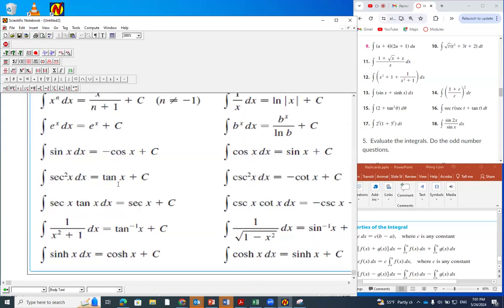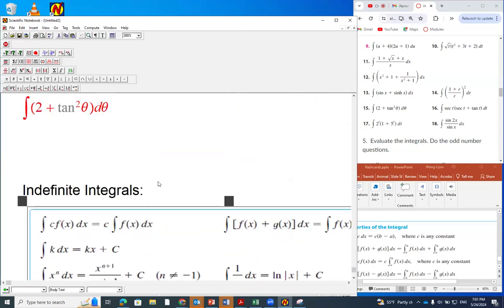So what can we do? But we actually see there's a secant squared. Okay, is tangent related to secant squared somehow? I think so, because 1 plus tangent squared theta, that's one of those identities, is secant squared theta.